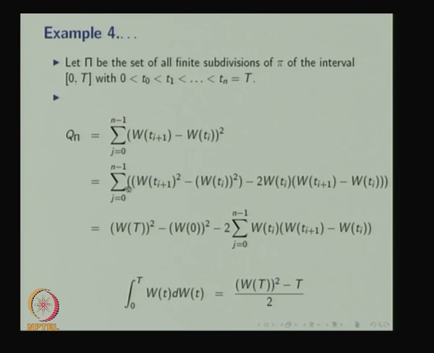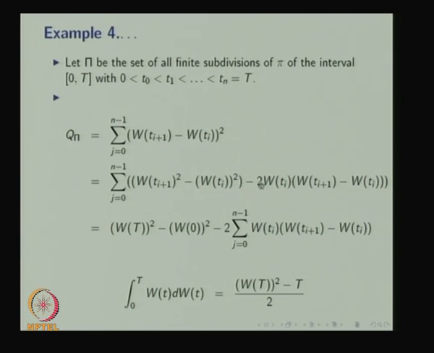If you expand the summation, only the last term and the first term survive and all other terms vanish. So you get W_T squared minus W_0 squared, minus 2 times the summation of W(t_i) multiplied by W(t_(i+1)) minus W(t_i). That is what we want as n tends to infinity.